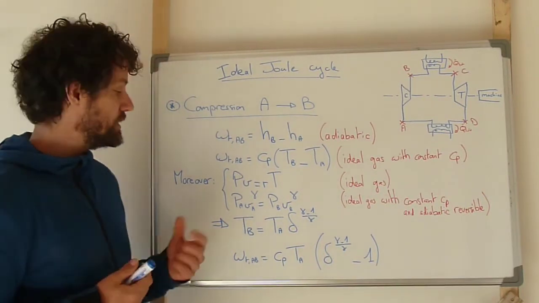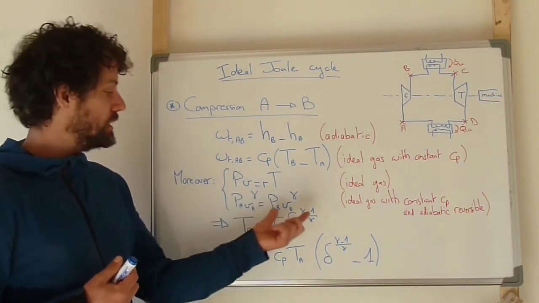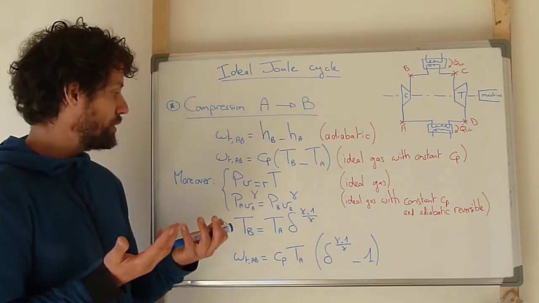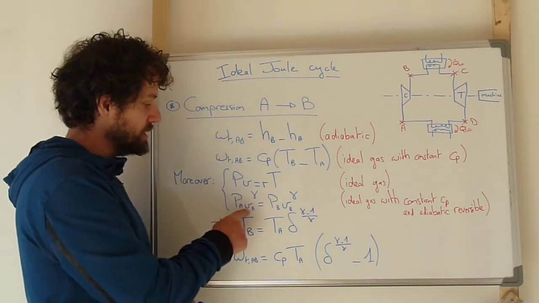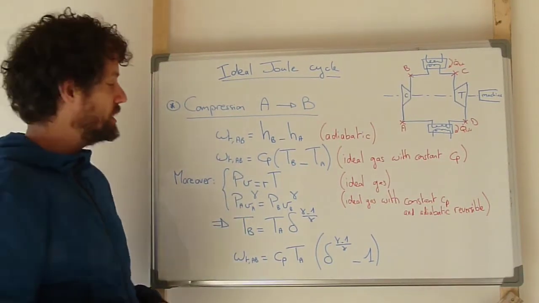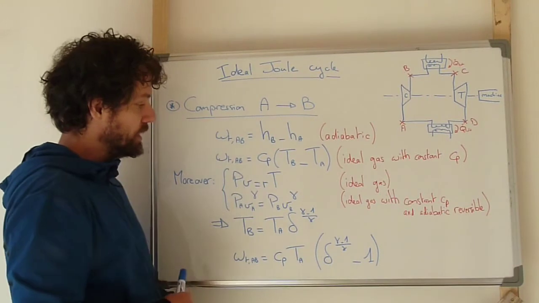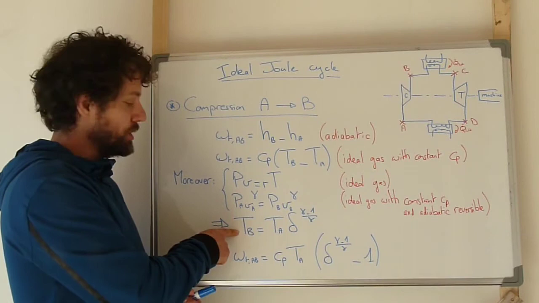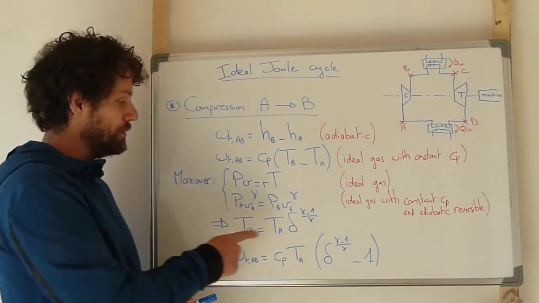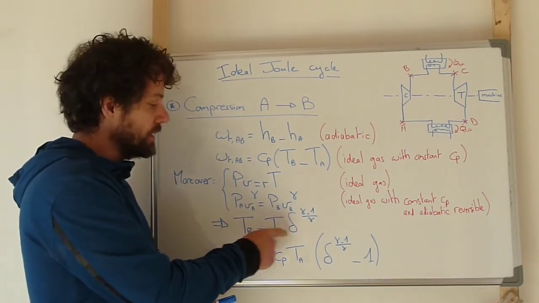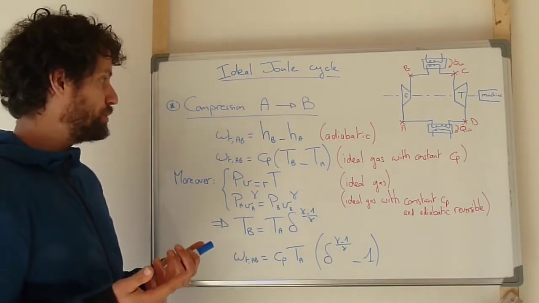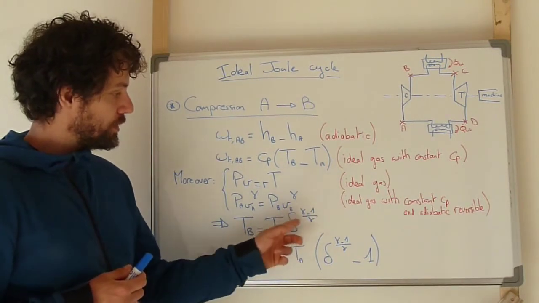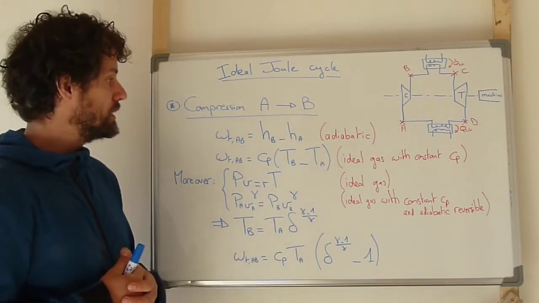So here we can say that this expression in A is equal to the same expression in B. And so we can combine both of them, especially replacing the specific volume by a combination of RT over P, and then we can express this way the temperature in point B as a function of the temperature in A. Here delta is the ratio of pressure Pb over Pa, to the power gamma minus 1 over gamma.